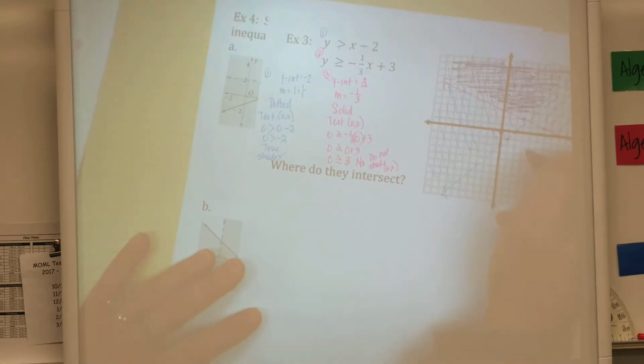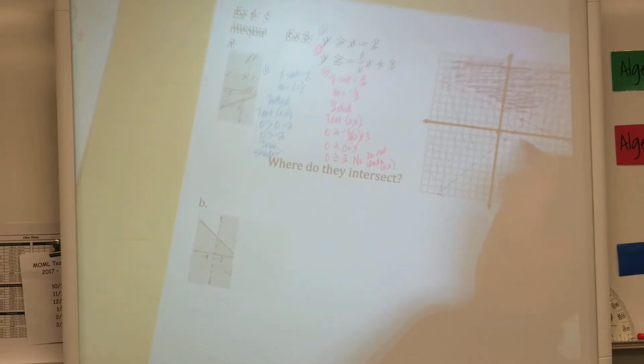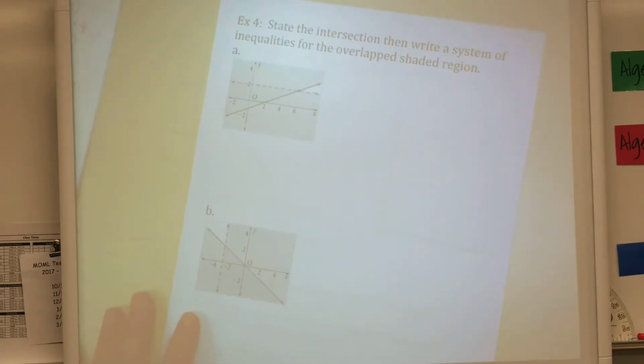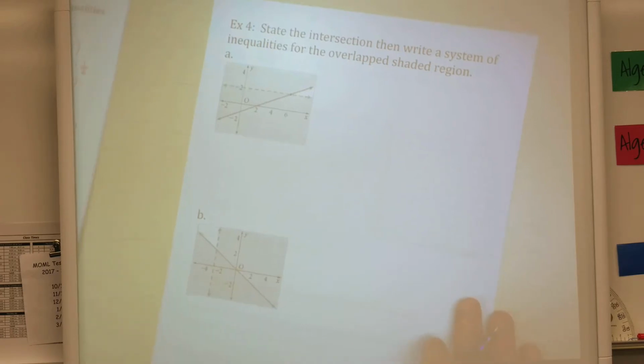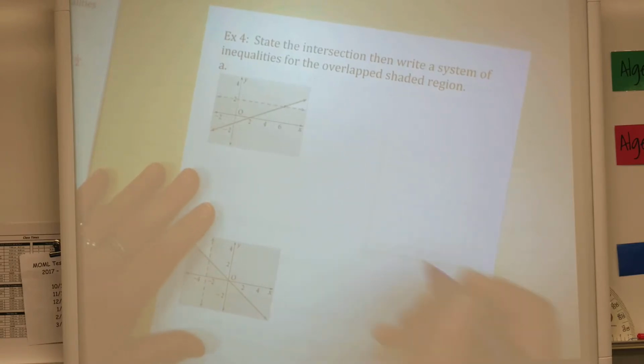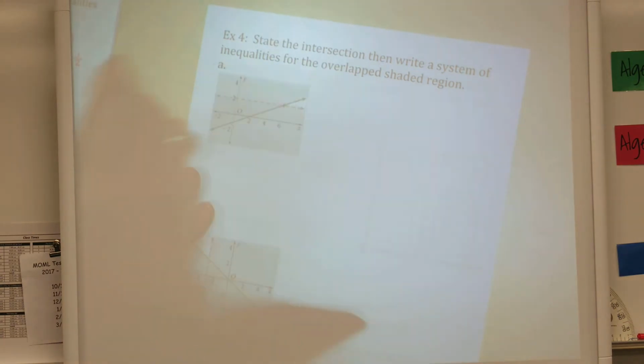And for this one, they intersect at 3, 2. Okay, so if they ask for the intersection of the two lines, make sure that you get that point. And the clearer you draw and the more accurately you draw your lines, the more accurate that point's going to be.